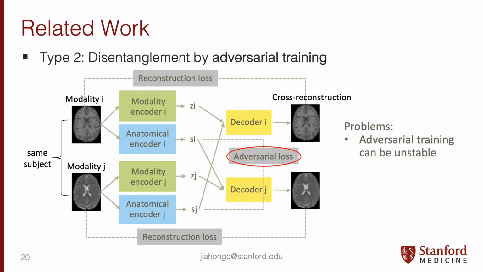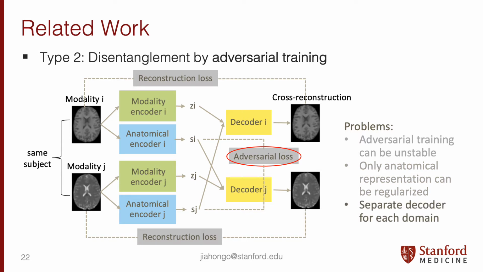But the problem of this type of method is that, first, the adversarial training can be very unstable. Also, only the anatomical representation can be adversarially regularized. It means that the modality representation can still carry some anatomical information. And also, the separate decoder problem remains unsolved.